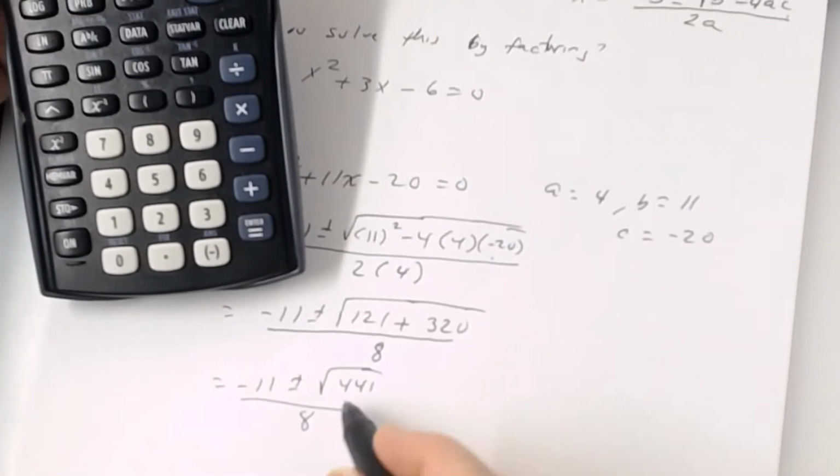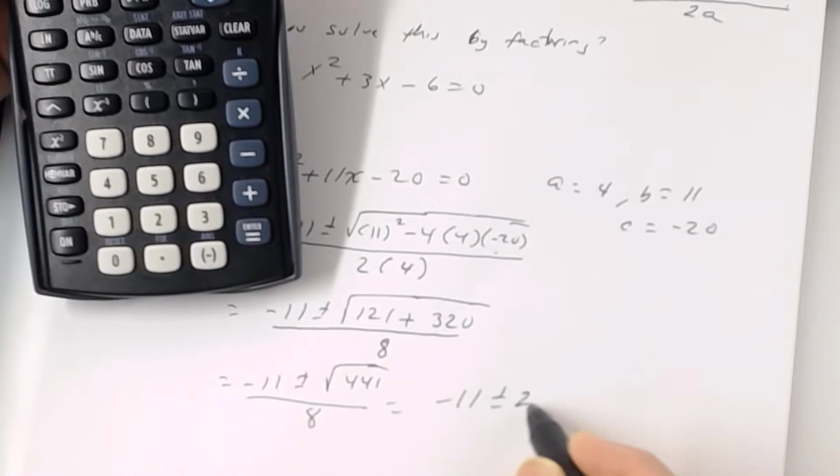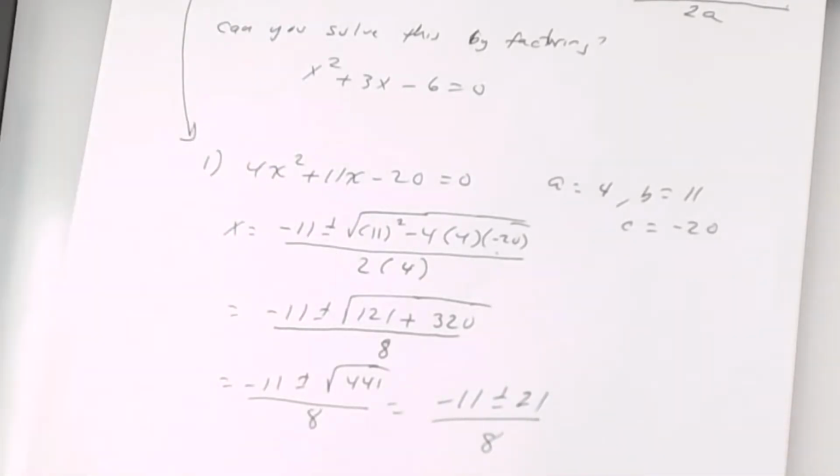So that means this becomes negative 11 plus or minus 21 over 8. Notice there's no longer a square root. What that means is that your solutions will be rational.